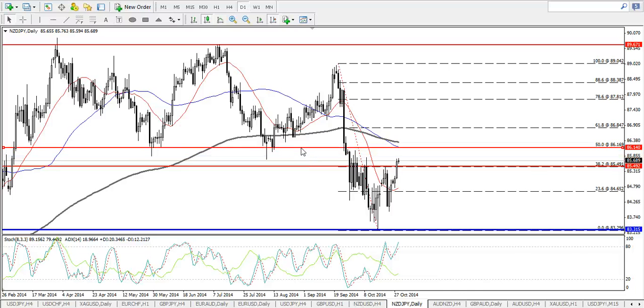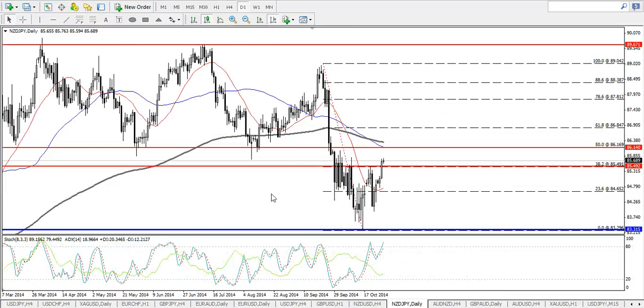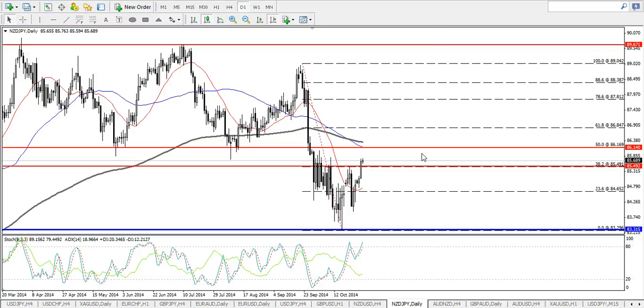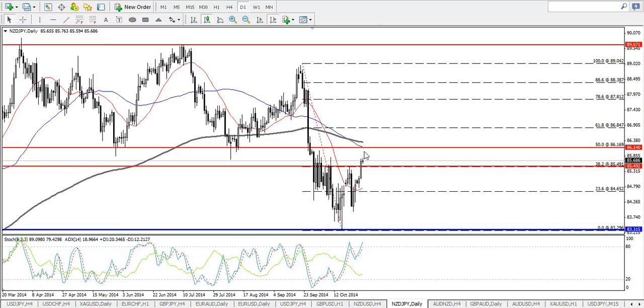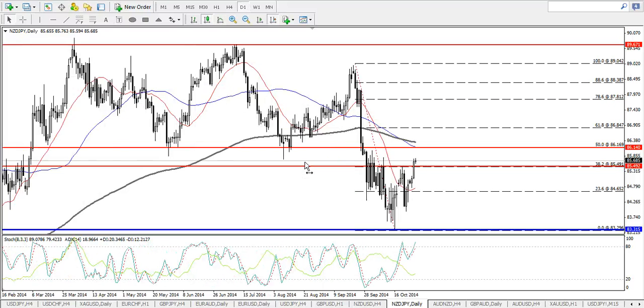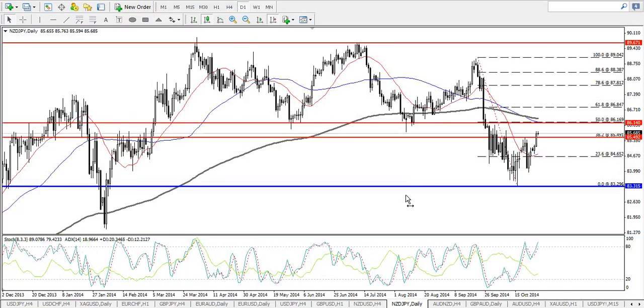Therefore, we are waiting for price to touch the resistance level of 86.16, previous key support level, and of course Fibonacci retracement level of 50% with the 55 SMA as an additional support. And of course, most importantly, the 200 moving average.